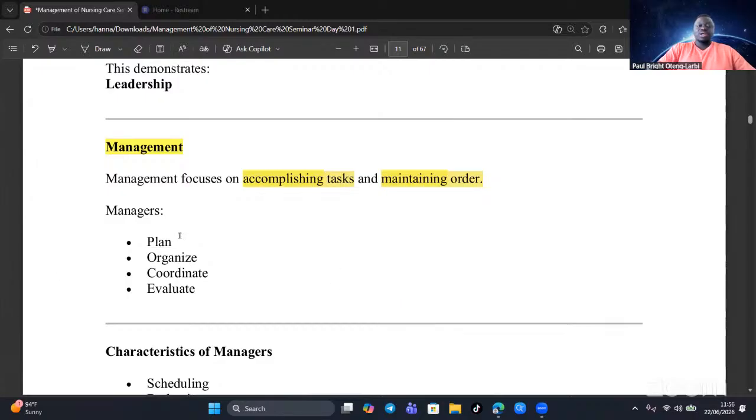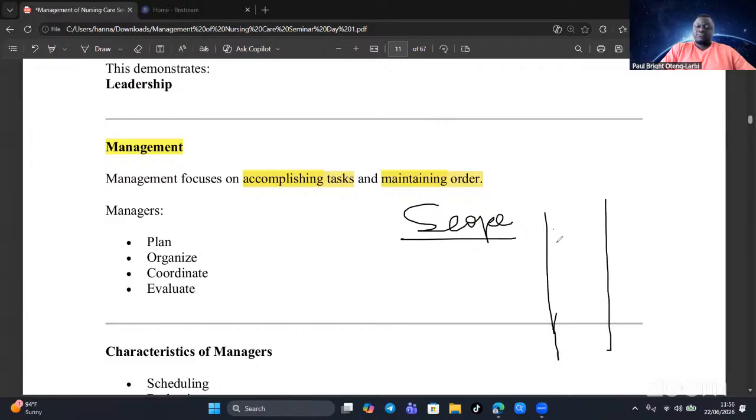Okay. When you're doing all these things, they still work within what? A scope. Making sure that they don't go outside the scope. So this is within the scope. Within the scope, we have WHO principles.